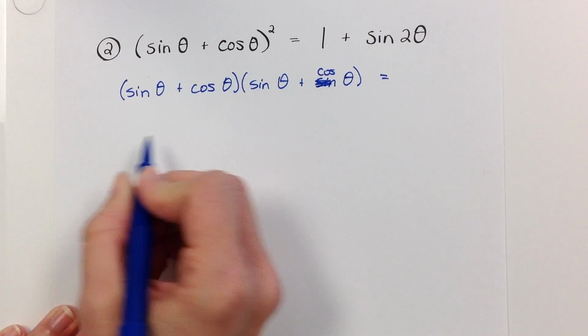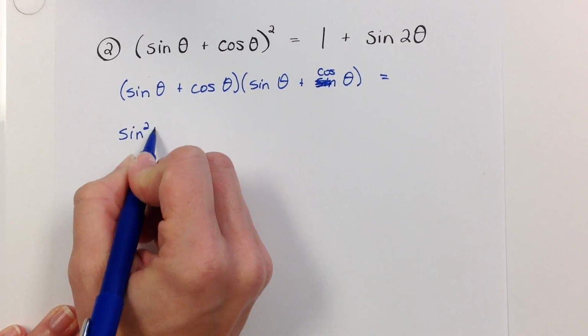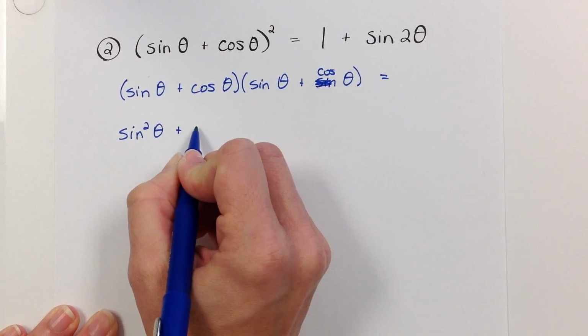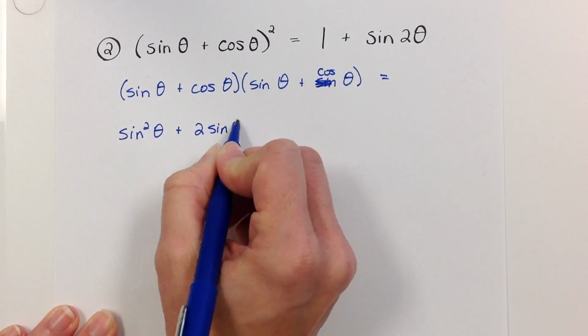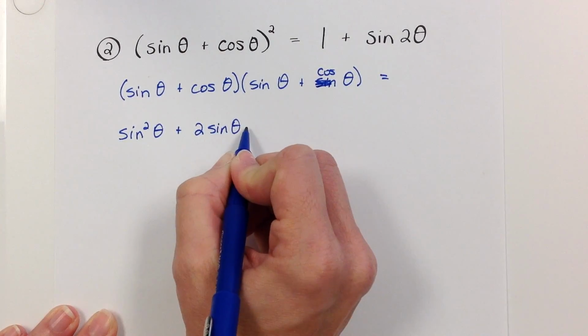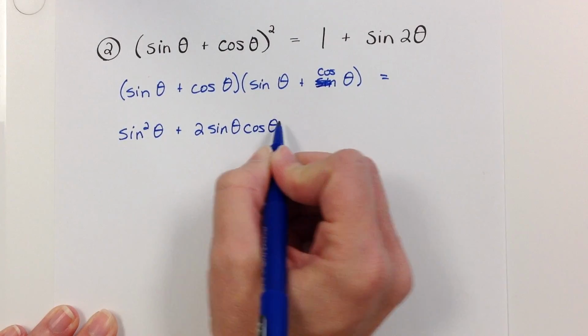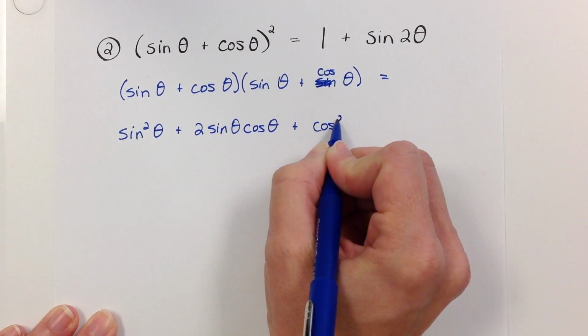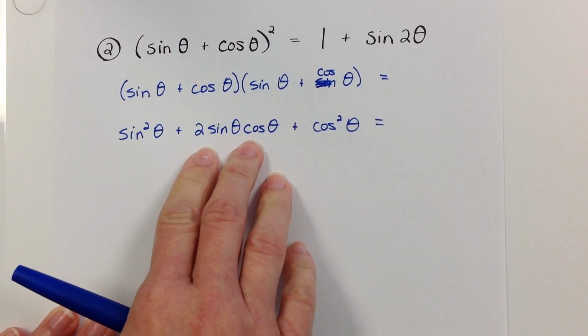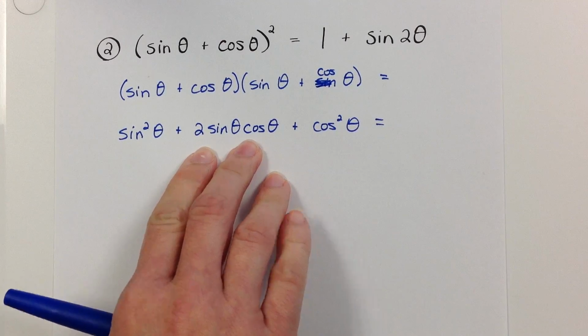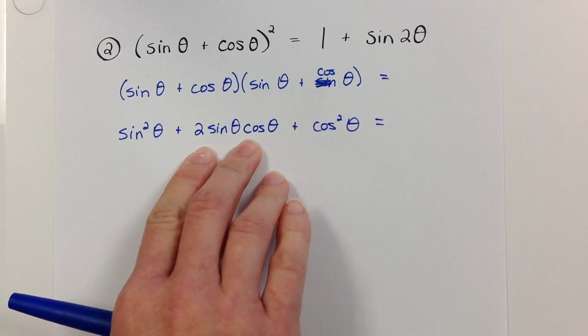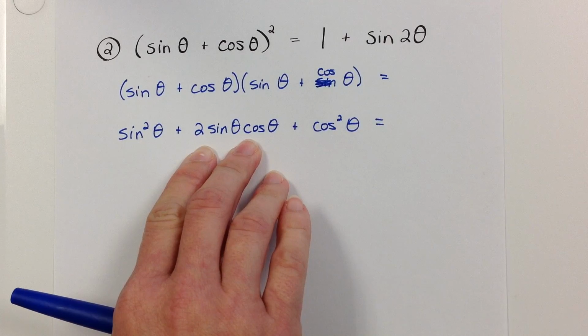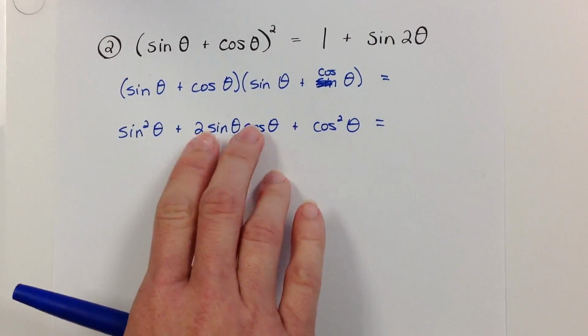All right, so if I FOIL this out, I'll have sine squared plus 2 times sine times cosine, and then plus cosine squared. So I just went ahead and combined the 2 terms in the middle. You'd have a 1 sine cosine and then another 1 sine cosine, which would combine to give you this.